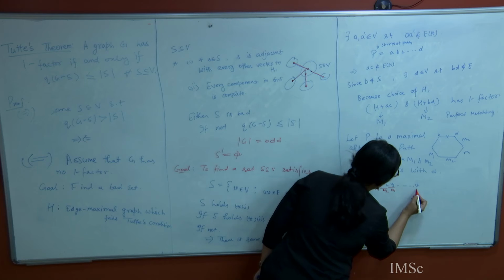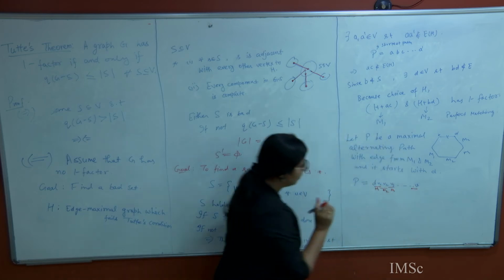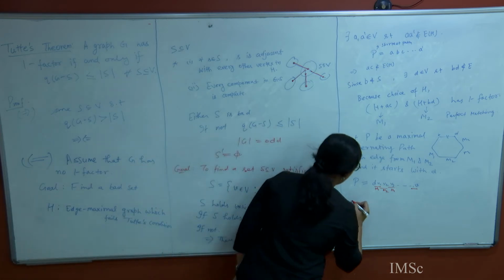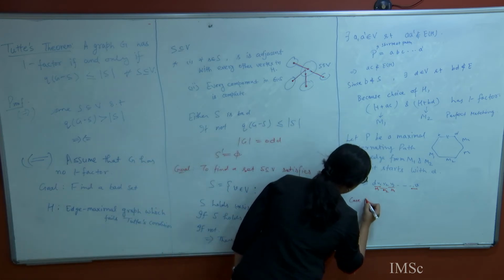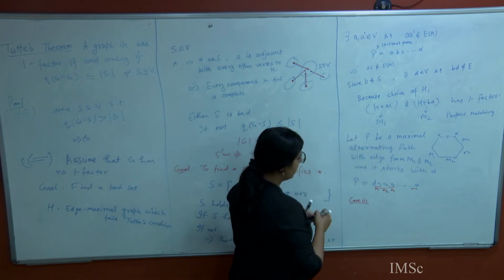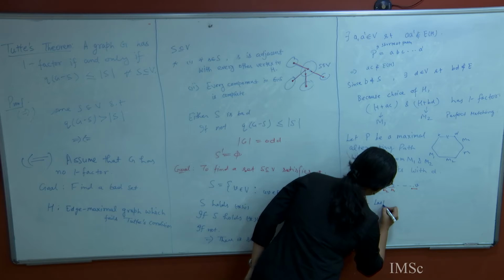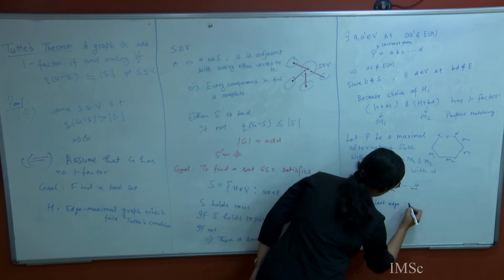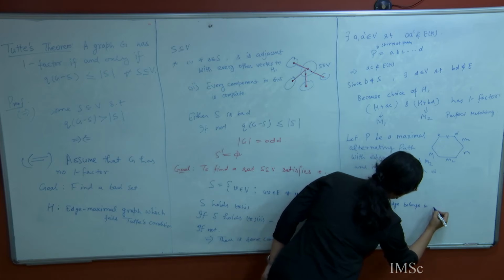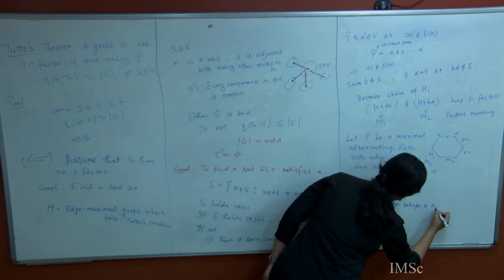So, now the question is what about the last edge, where it belongs. So, that is why we have two cases. Case 1, say the last edge belongs to M1.